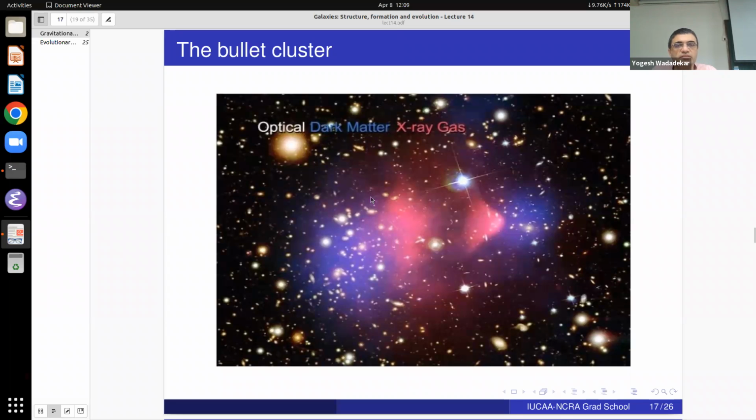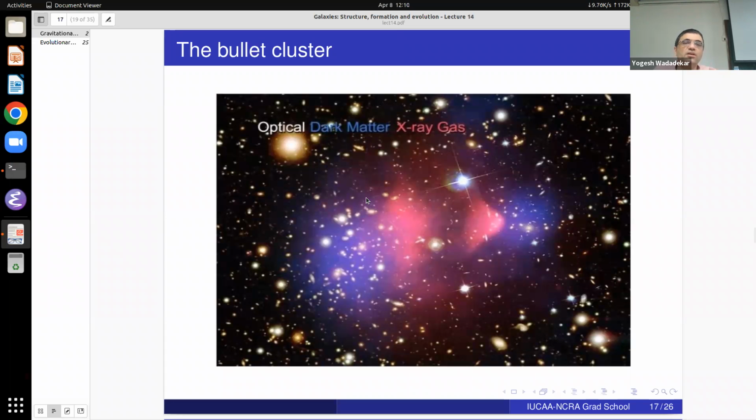One is this cluster, and then there is this smaller cluster over here. This smaller cluster has actually passed through this cluster like a bullet. And this gas is the displaced gas from this cluster. And this gas is the displaced gas from this cluster. Very, very fascinating.